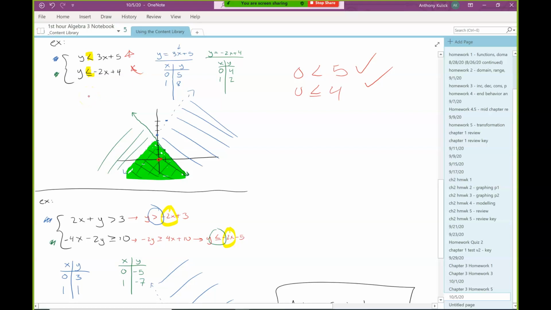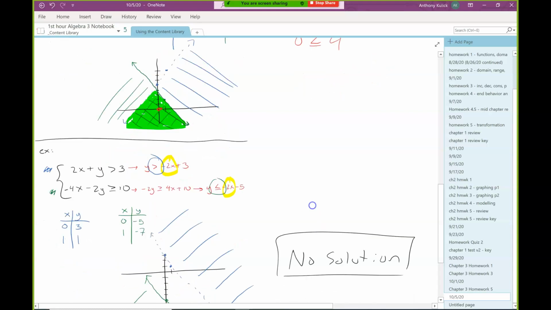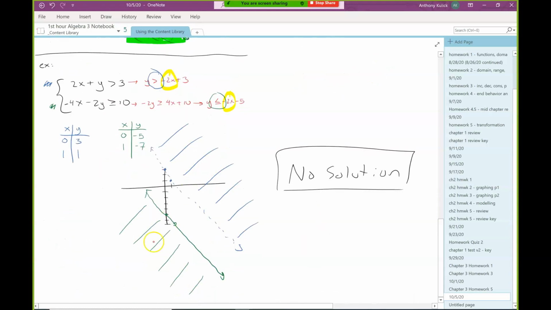Does that make sense there? So here, if we tried to pick a point from one region or the other, it would satisfy one inequality but not the other. So there is no point that satisfies both inequalities. Does that feel okay? And they don't really get any harder than doing something like that, right?